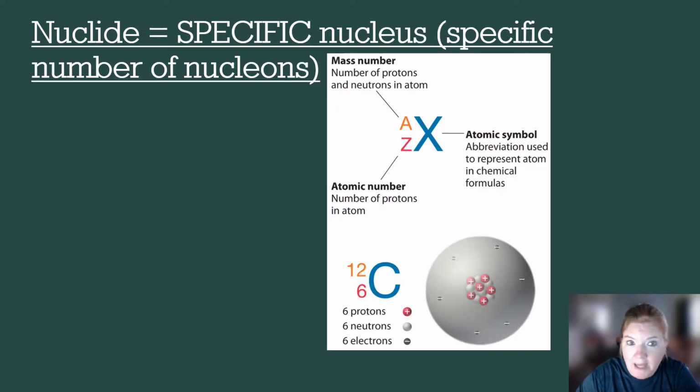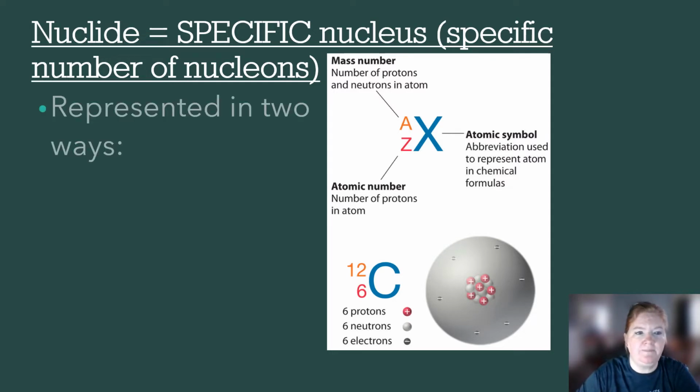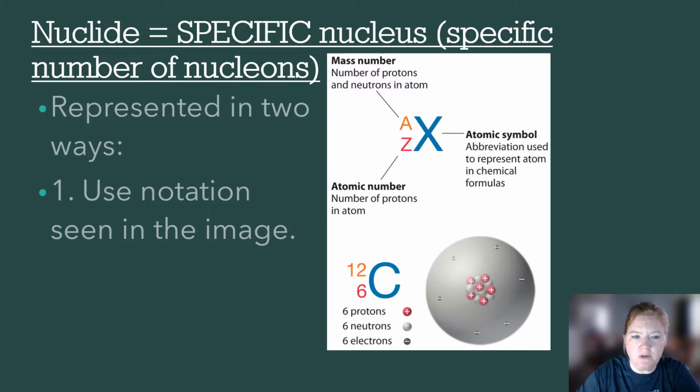Okay, a nuclide, a specific nucleus. So a specific number of nucleons. So a specific number of protons, a specific number of neutrons. It can be represented in two ways. So first we could use the notation seen in the image. So what am I talking about? Right here. Now, to be fair, we don't need to have this number written.